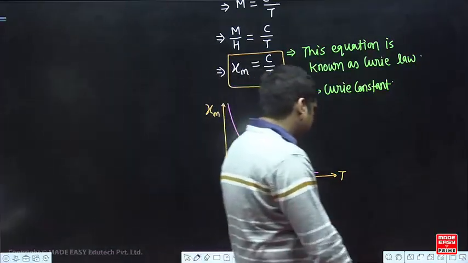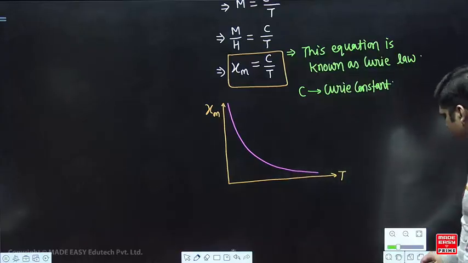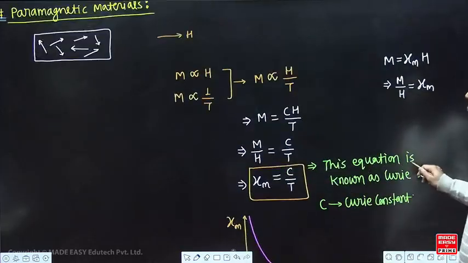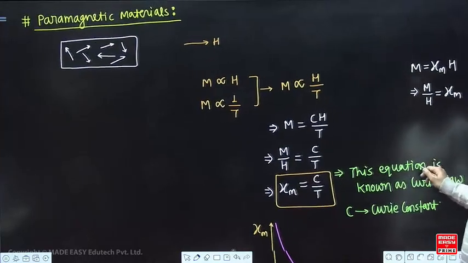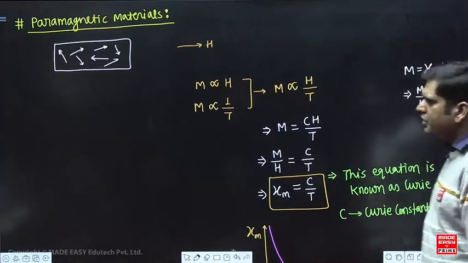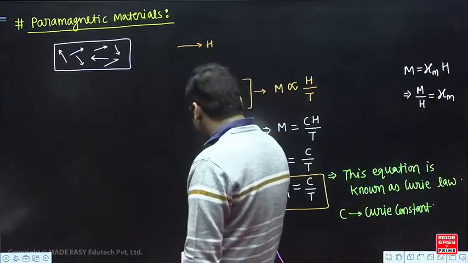So, we can say that paramagnetic materials are those materials which contain permanent magnetic dipoles, and these permanent magnetic dipoles are randomly oriented.